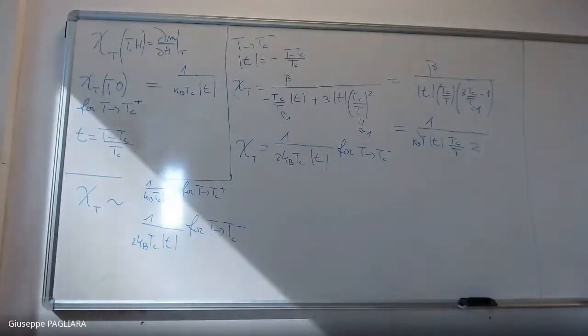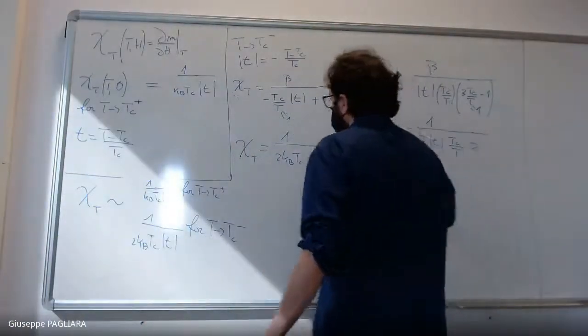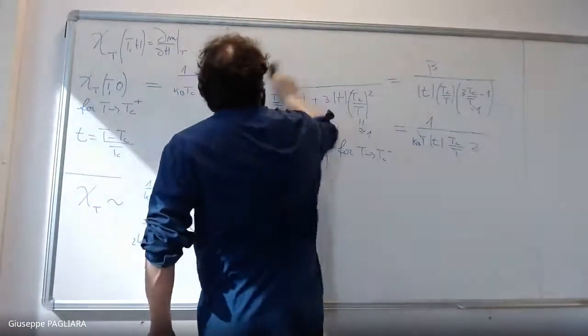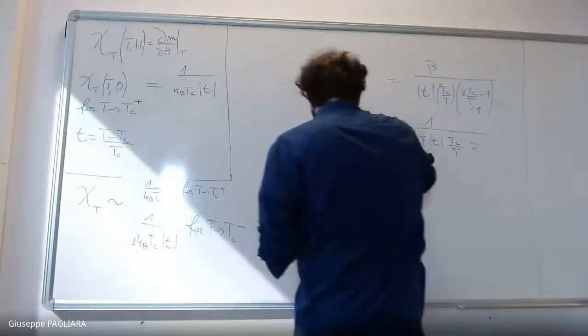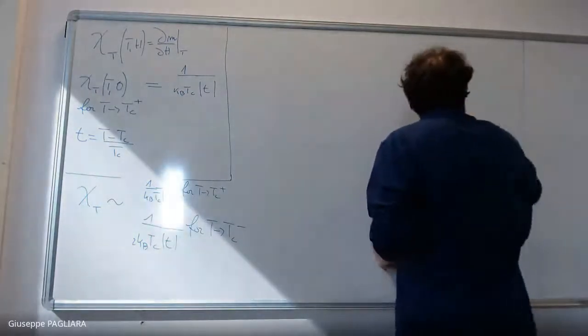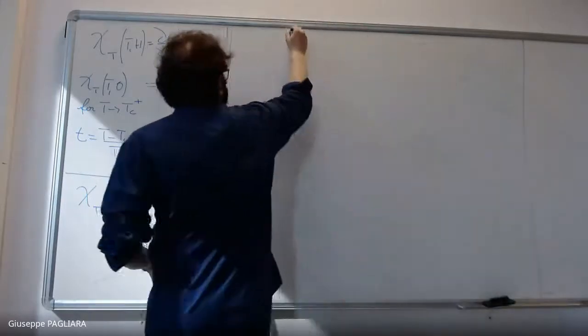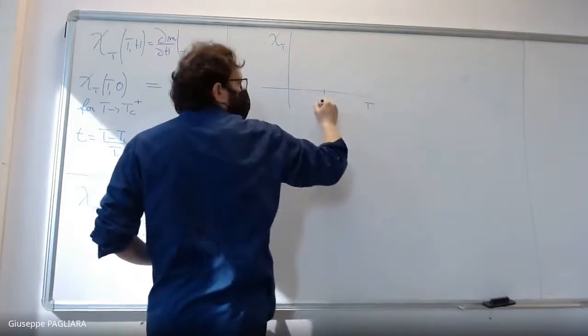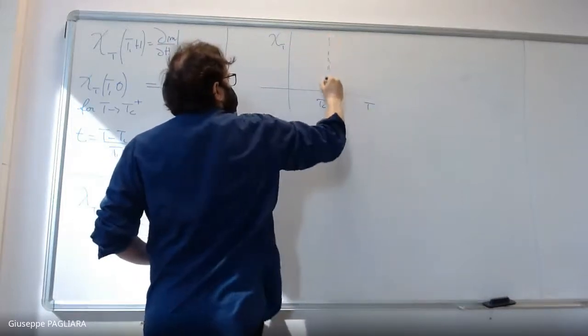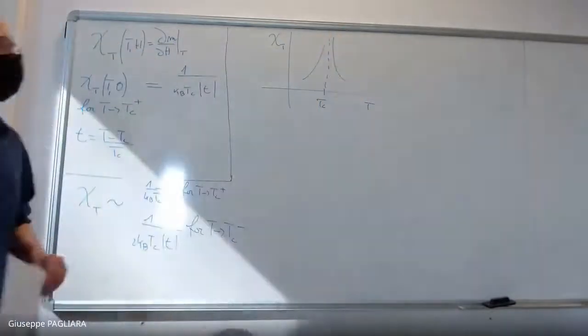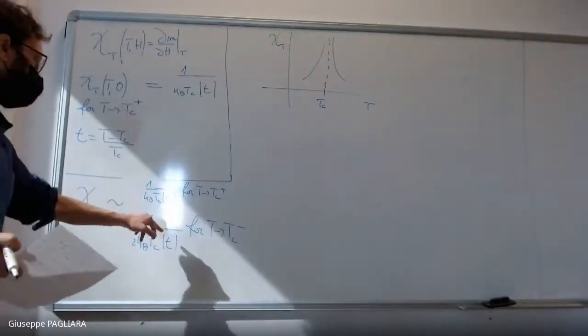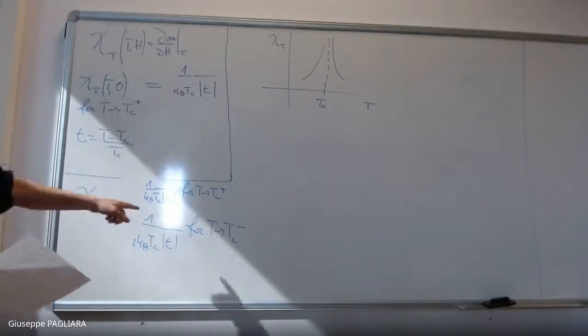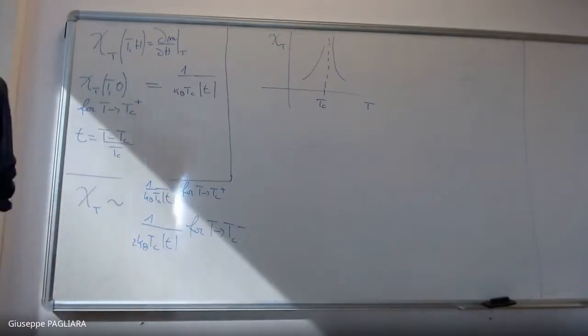We can make a plot of this susceptibility as a function of the temperature. Here at Tc we have a singularity, with different coefficients. What is important here is the scaling as 1 over the modulus of t.